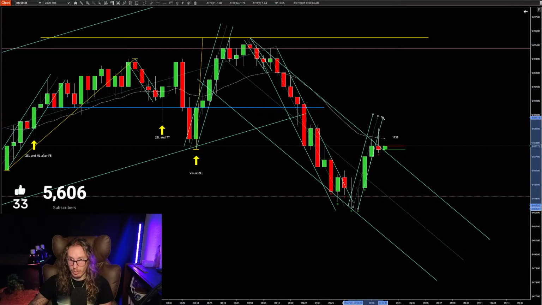You could almost argue that that's a close outside of the short-term uptrend. It's one of those on the cuspers, you know, because it's kind of like this.